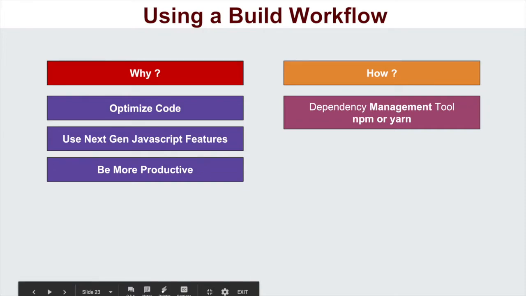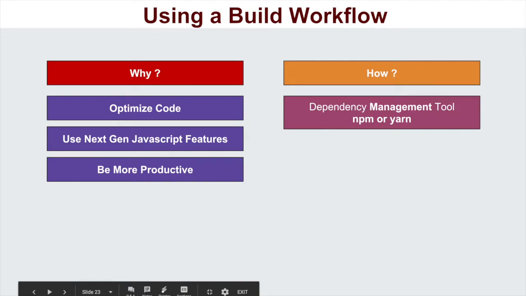How do we achieve such a workflow? We first of all need a dependency management tool. Dependencies are simply third-party libraries, third-party JavaScript packages. React, for example, is a dependency. React DOM is a dependency, and also all the build tools we will need in the end are dependencies.